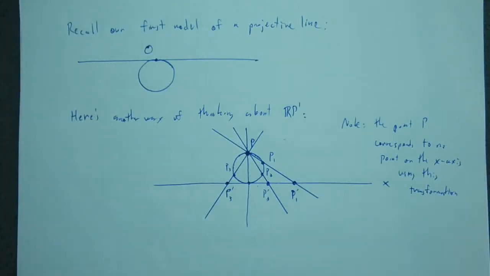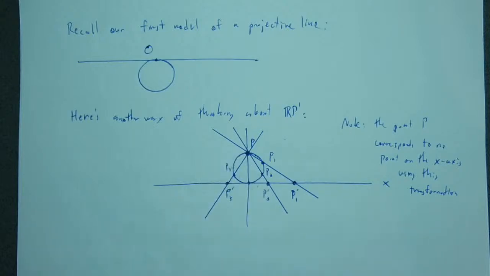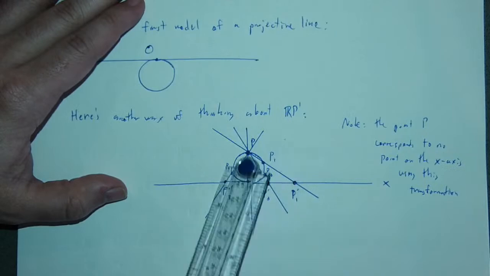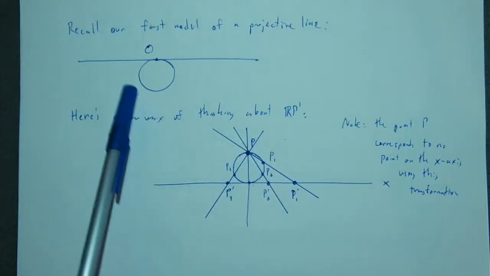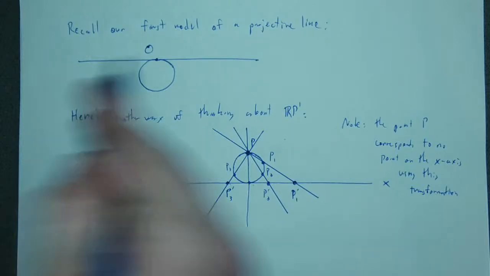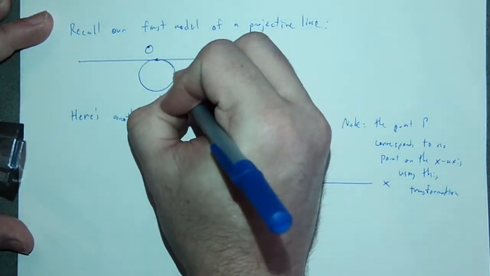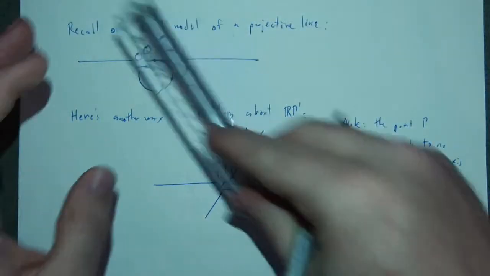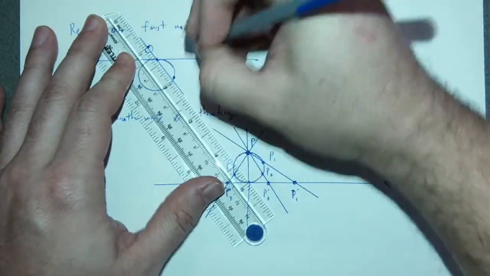Why? Well, all of these lines are defined to be the line from P to some point on this circle. We actually saw this in reverse when we first talked about this projective line. So why did this behave like a projective line? Because every point on this thing had a line associated to it.